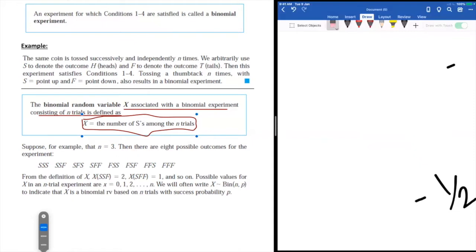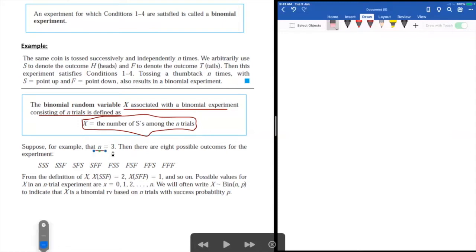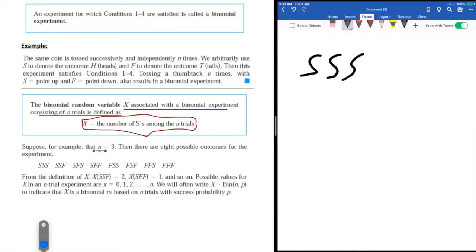Now, toss a coin 3 times. n is equal to 3. Then there are 8 possibilities. First, success, success, success, that means head, head, head. Next, success, success, failure, head, head, tail. Then success, failure, success.